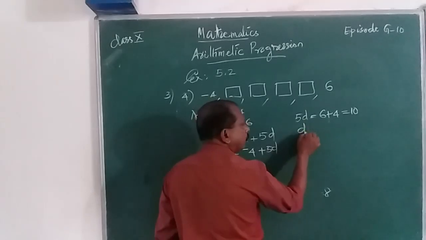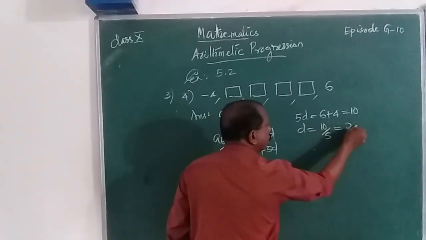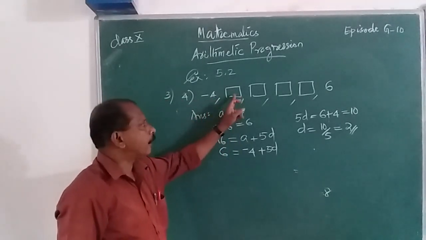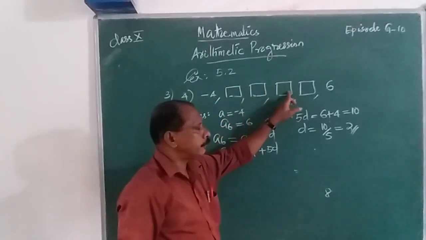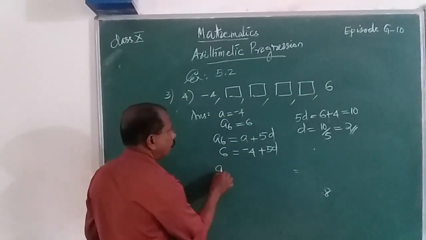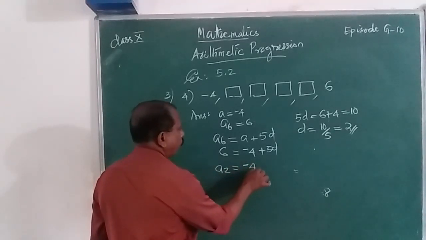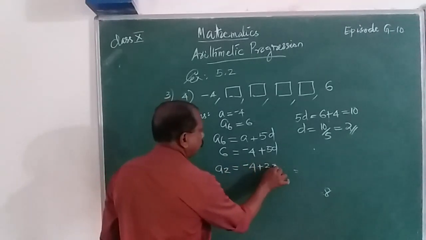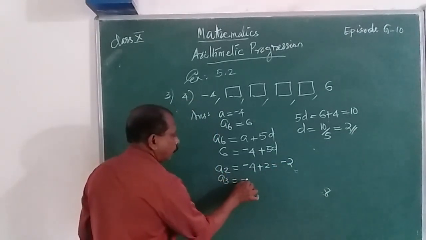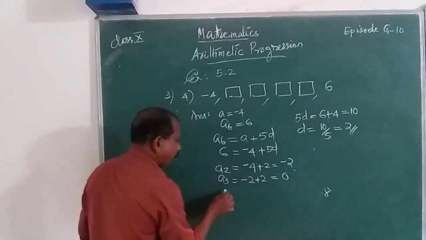Then D is equal to 10 by 5 is equal to 2. Therefore, we get 2. Then first plus D, second; second plus D, third; third plus D, fourth; fourth plus D, fifth. Therefore, A2 is equal to minus 4 plus 2 is equal to minus 2. A3 is equal to minus 2 plus 2 is equal to 0.